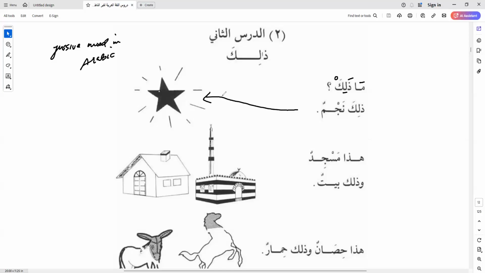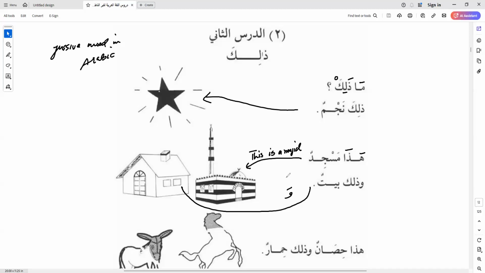We're talking about this one. هذا مسجد. This is a masjid. وذلك بيت.